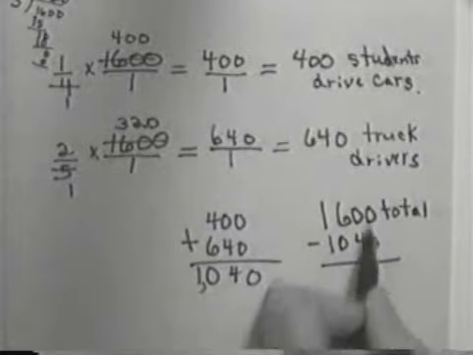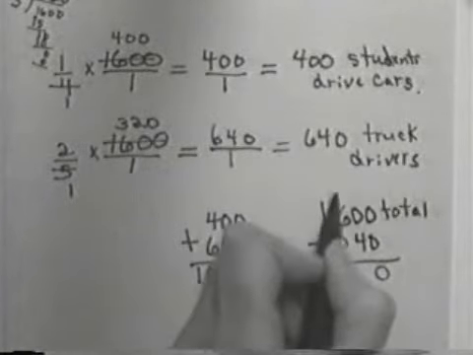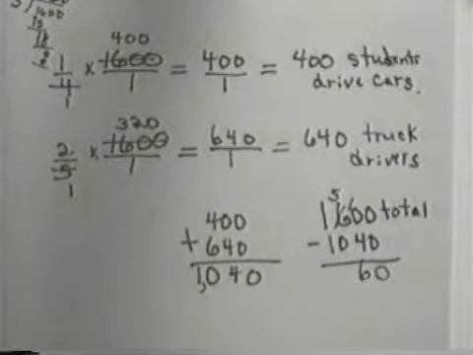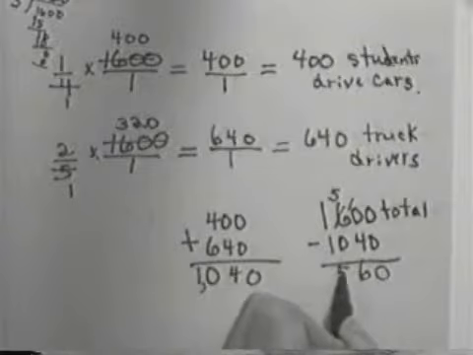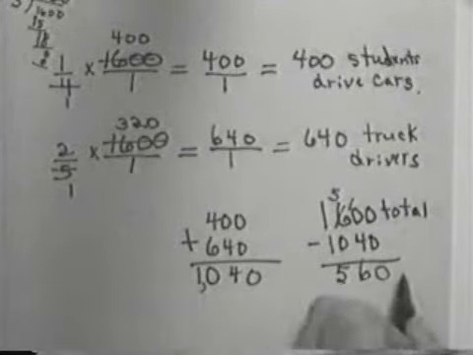So if we subtract 0 from 0, we leave 0. We can't subtract 4 from 0, so we borrow from the 6. 4 from 10 leaves 6. And 0 from 5 leaves 5. So we have 560 people left over.